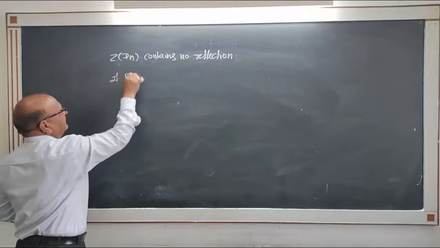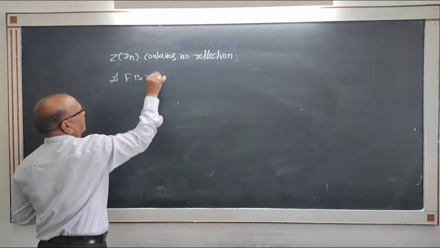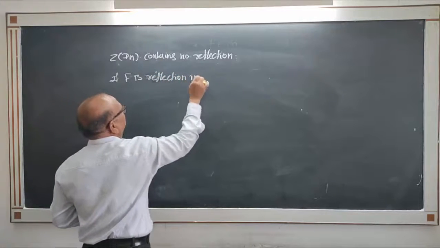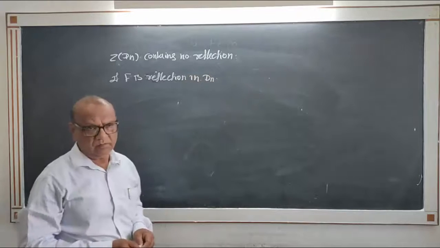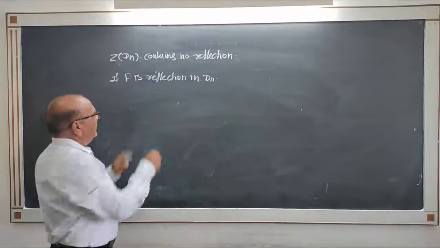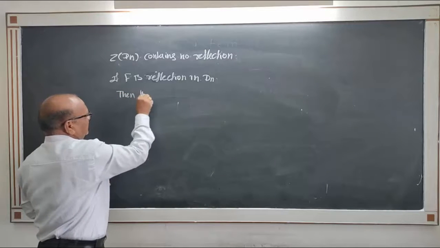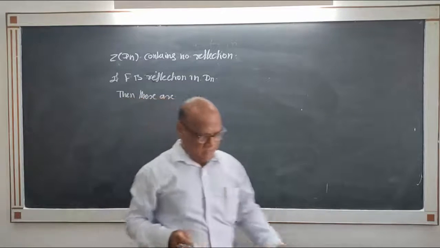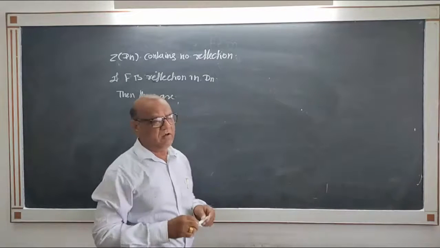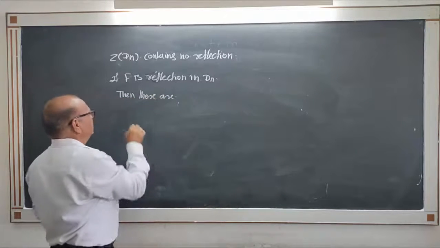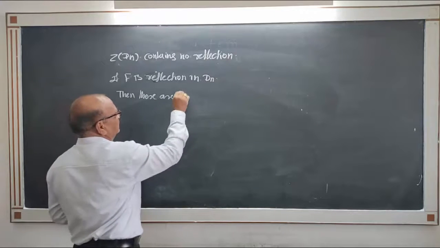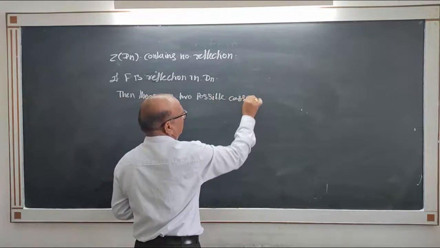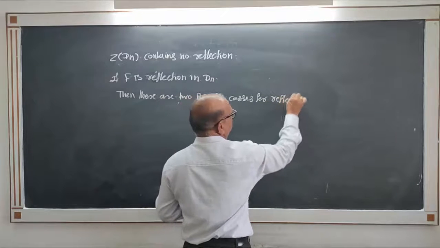If F is a reflection in Dn, then there are two possible cases for the reflection axis.